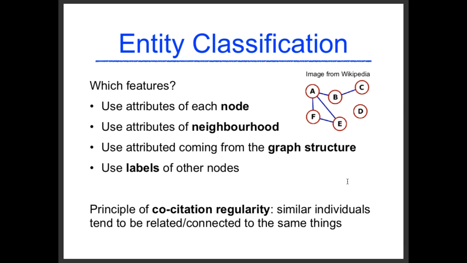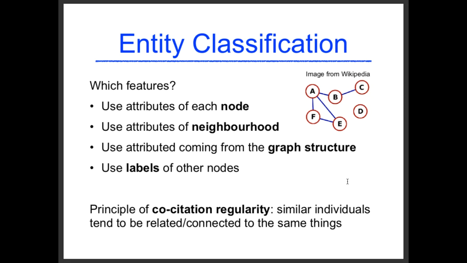So, of course, if you have to predict a property of a node, clearly using attributes of that node is straightforward. You should use them, okay? But if you stop there, you do not exploit anything of the structure of your network, clearly. You use attributes of the neighborhood of each node, okay?